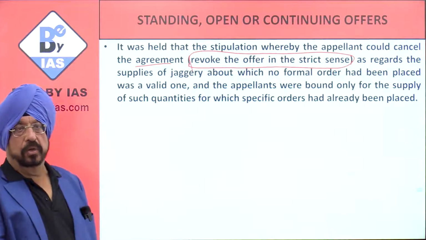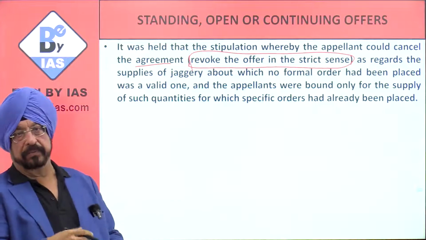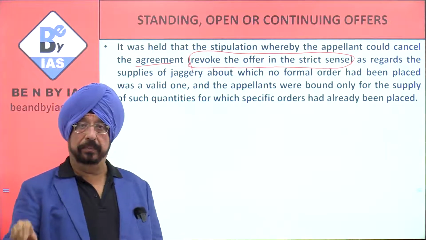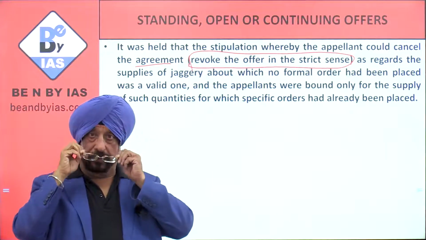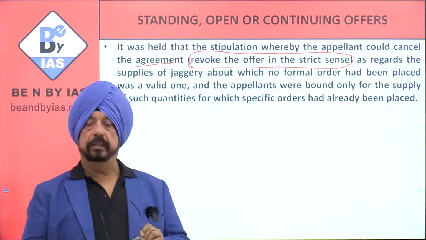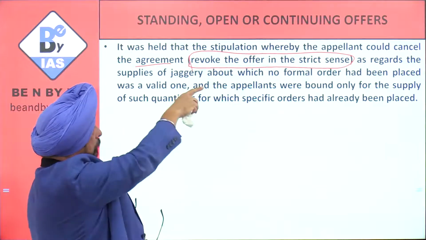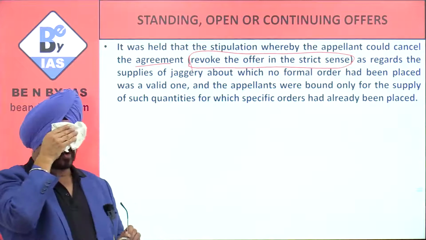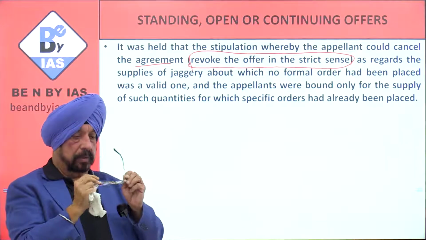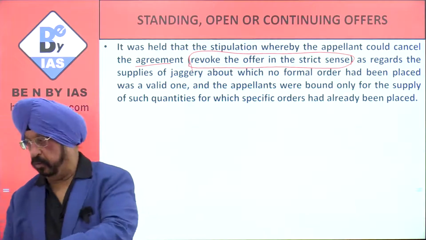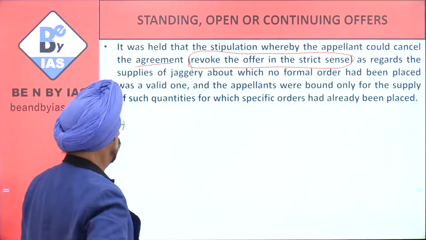So don't get confused by the words. Sometimes the facts will reveal a different kind of words, but the meaning remains the same. It's an open or a standing offer. So no confusion should be there on this.